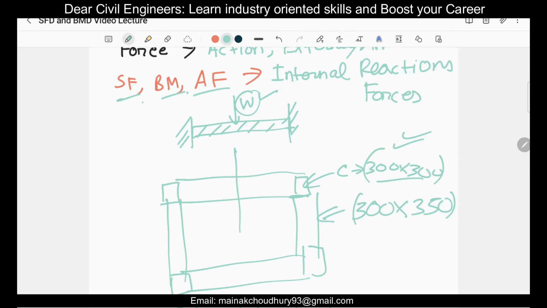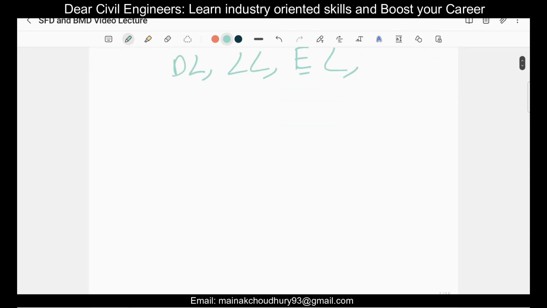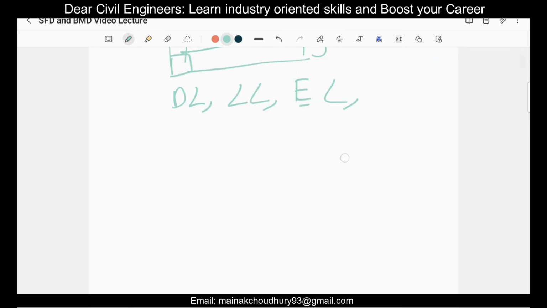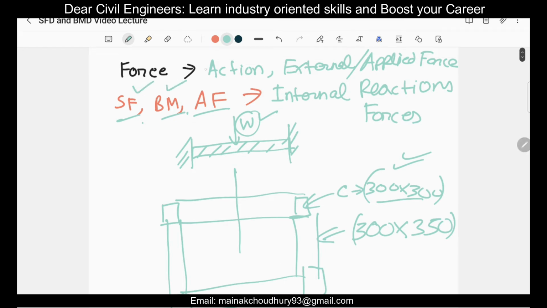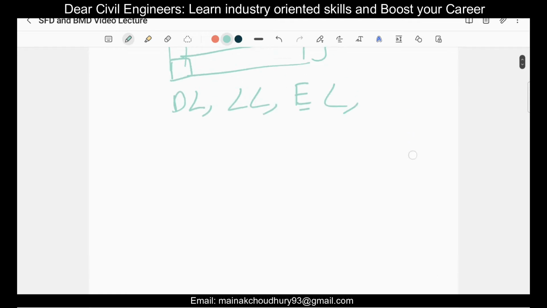This is in the practical field, but in the theoretical field we really need to understand how to find out, first of all, shear force and bending moment. When you understand this concept, it is useful for design also. But today the main focus will be on solving numericals for your exams.